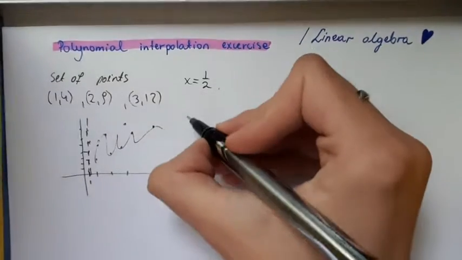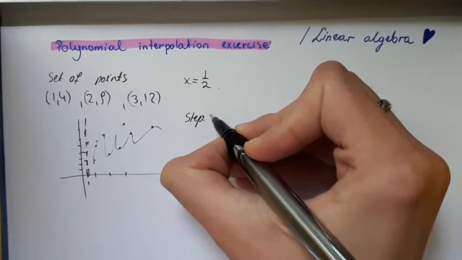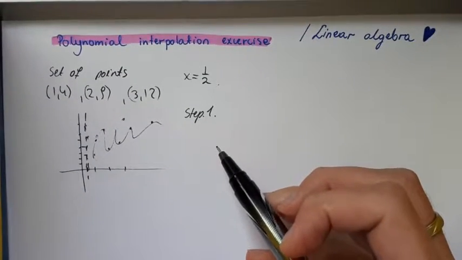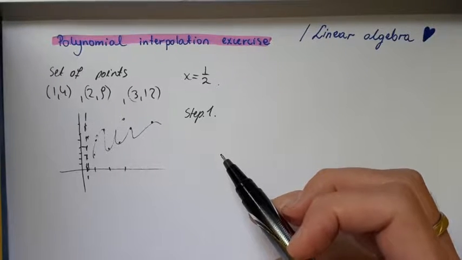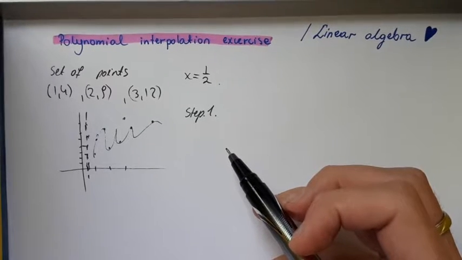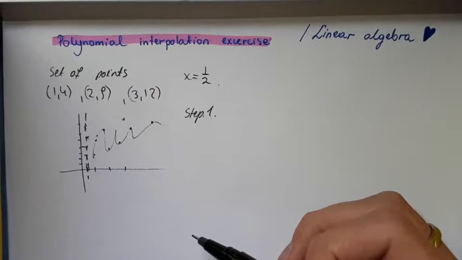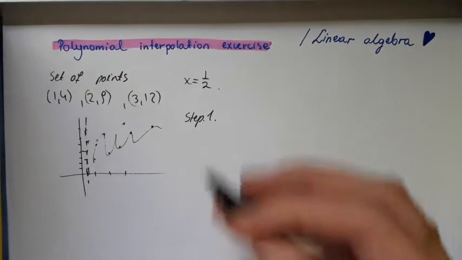So step 1 would be to actually know what kind of equation we want and what degree at most it is.